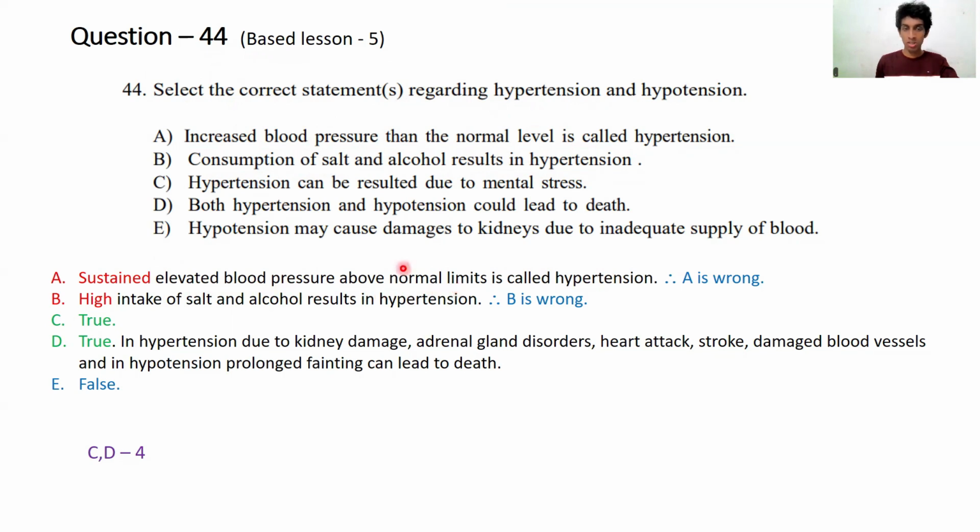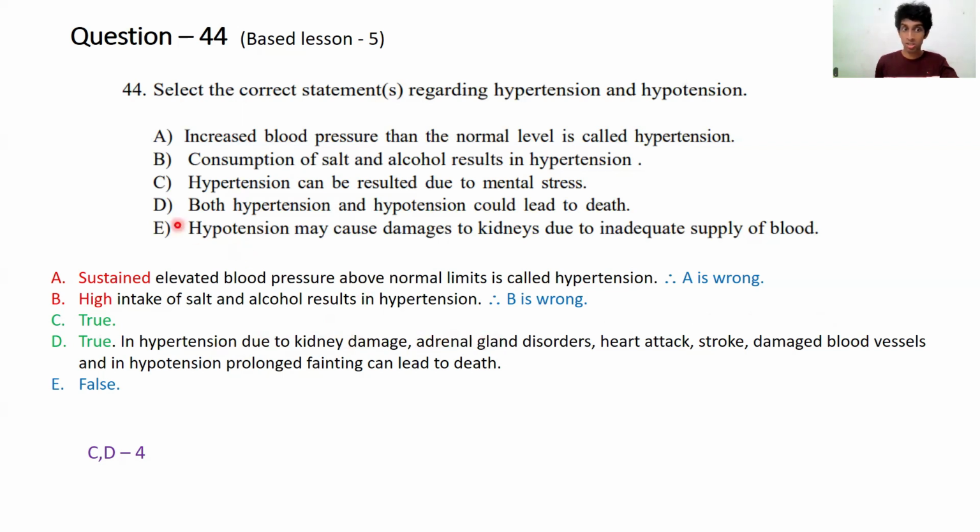C. Hypertension can be resulted due to mental stress. Yes, that is true. D. Both hypertension and hypotension could lead to death. Yes, that is true. In hypertension, due to kidney damage, adrenal gland disorders, heart attack, stroke, damaged blood vessels, and in hypotension, prolonged fainting can lead to death.